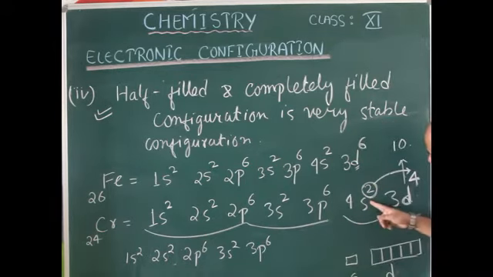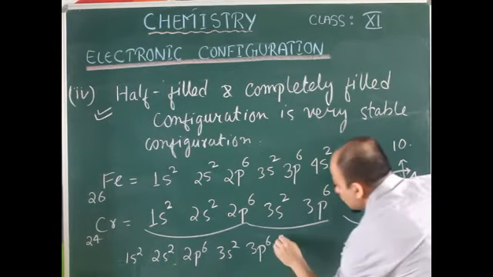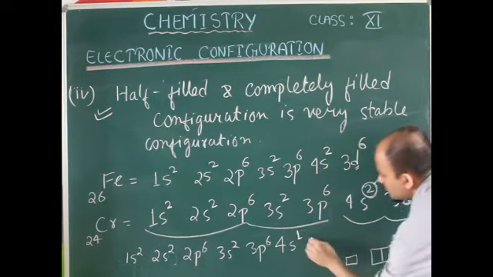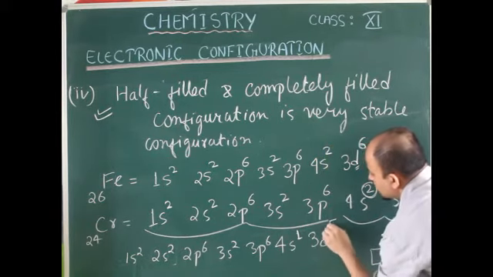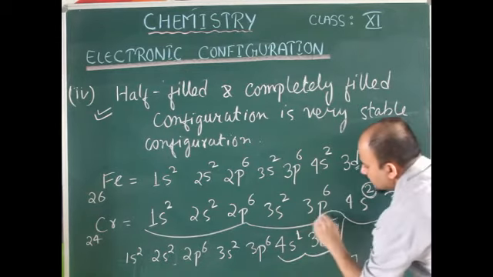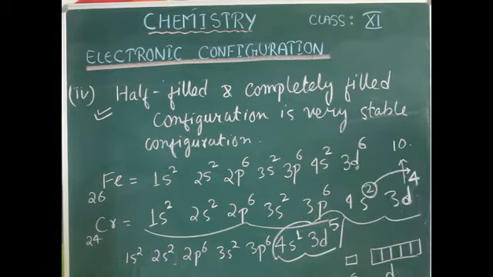Now if one electron from here is sent to the d orbital, then you will be having 4s1 and 3d5. Please look at this part very carefully. What does it mean then? It means that this s will have 1 electron and this d will have 5 electrons, which are unpaired.